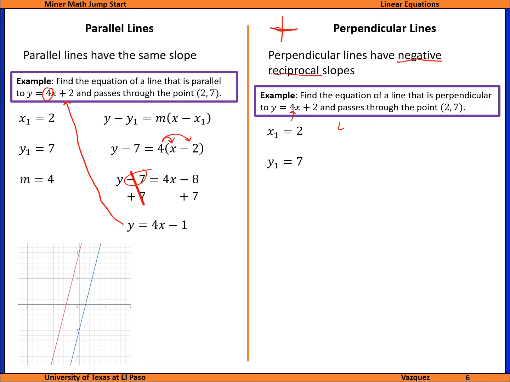So 4 is the same thing as 4 over 1. What a reciprocal is, you flip the two. So the 1 goes on top and the 4 goes on the bottom. And let's not forget the negative, so we'll have a negative 1 over 4. So that's going to be our slope there.